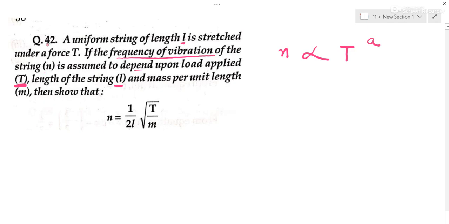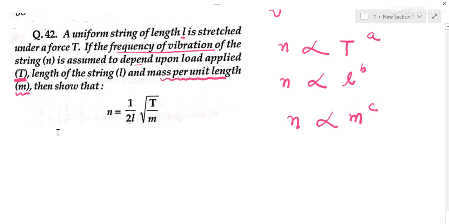Usually the symbol for frequency is nu, but whatever they have said, we will follow that. So length is the second quantity that it depends upon. Third is mass per unit length m. Mass per unit length m to power c.